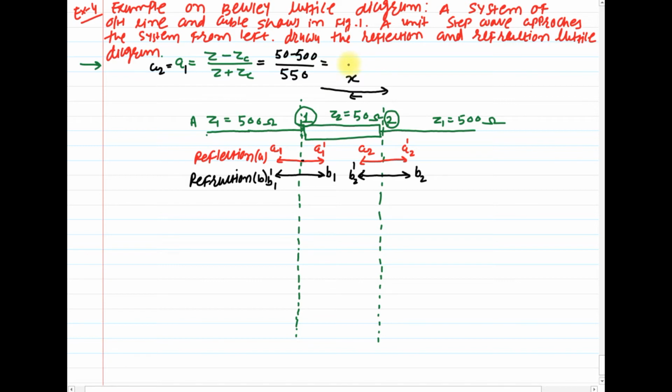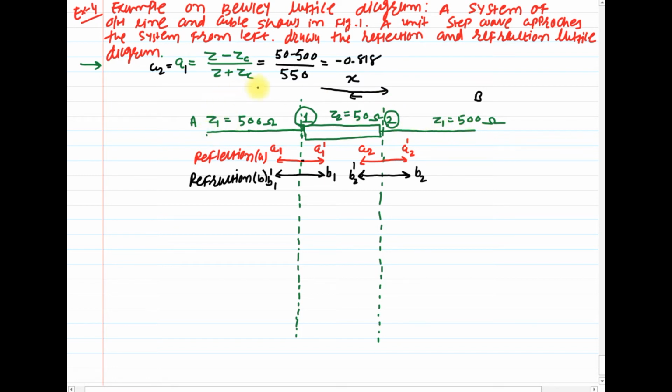So the answer is minus 0.818, which shows the reflection of the traveling wave to the opposite direction of x, where we have considered that x shows the length of the transmission line is increasing from the A point to B, or I can say from the left hand side to right hand side.